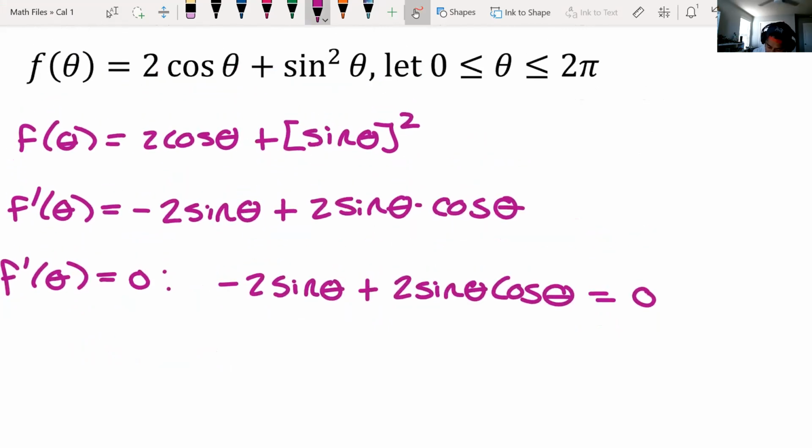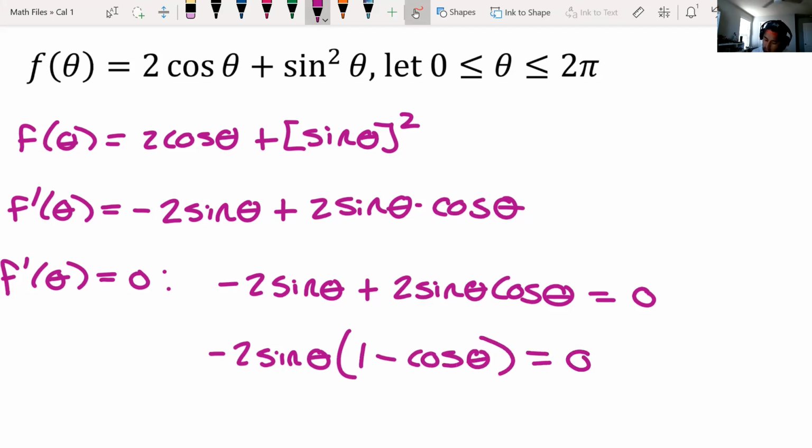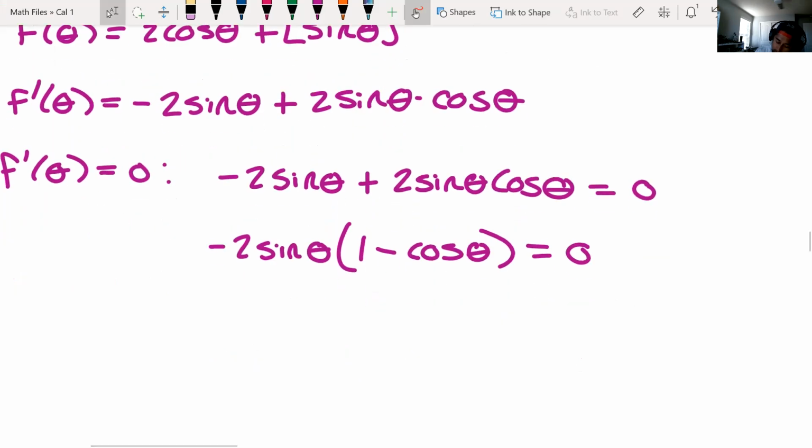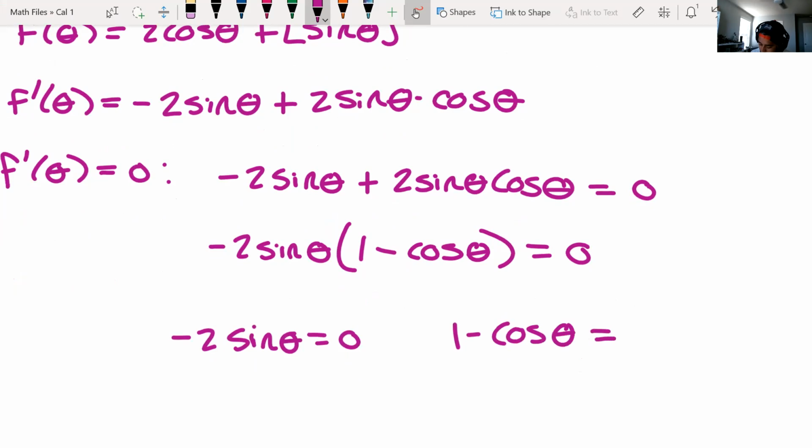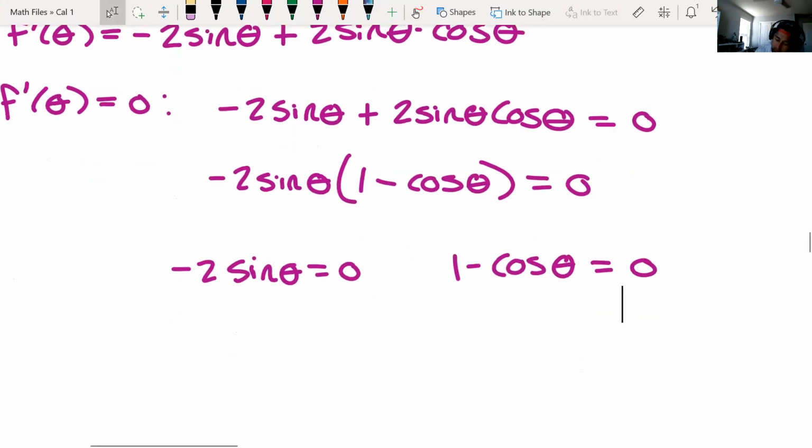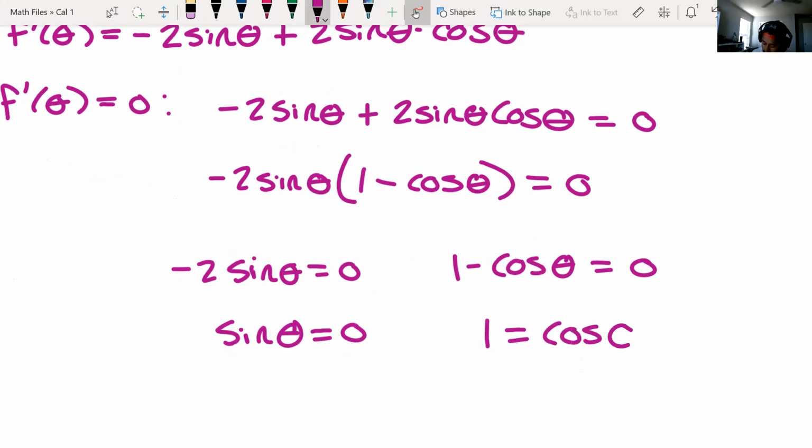Take out a -2 sine theta, and what does that leave me with? 1 minus cosine theta equal to 0. And then set both of these equal to 0. First up is sine theta equal to 0, and next is cosine equal to 1, or 1 equals cosine theta.